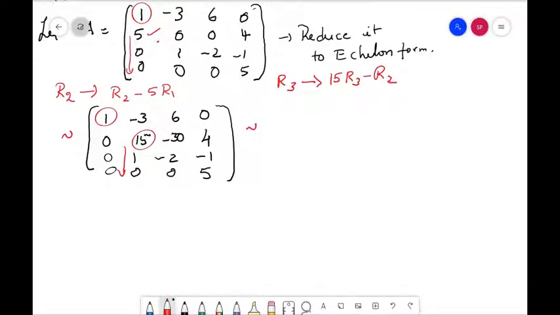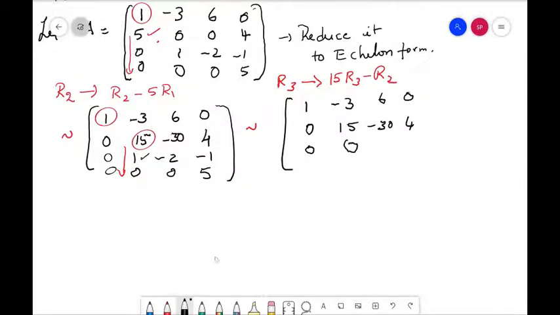This will give me 1, minus 3, 6, 0, and then 0, 15, minus 30, and 4. Next is 0: 15 into 1 is 15, minus 15, 0.